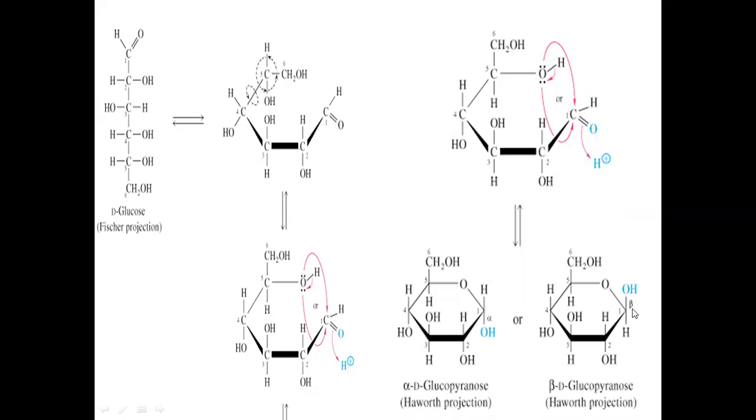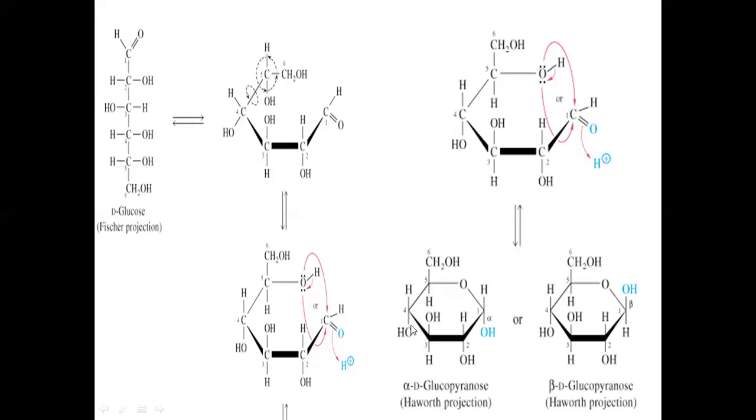And this is beta glucose because the OH at carbon number 1 is above the plane. So whether it's beta glucose or alpha glucose, the OH at position 4 in glucose will be below the plane.